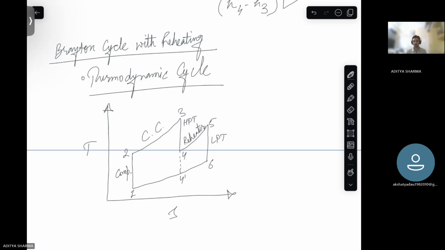One is with expansion from 3 to 4, other is with expansion from 5 to 6. And in this process, what we essentially do is we increase the work output from the expansion of these gases coming out of combustion chamber.